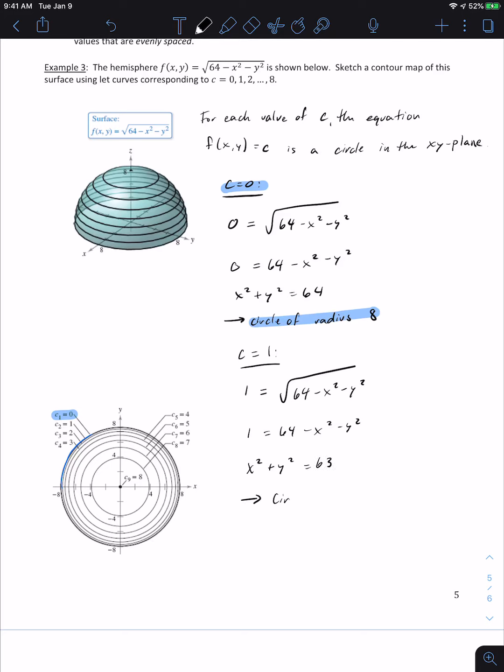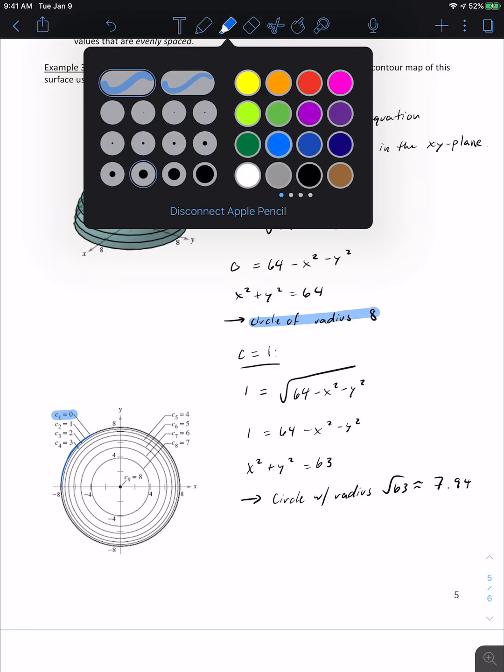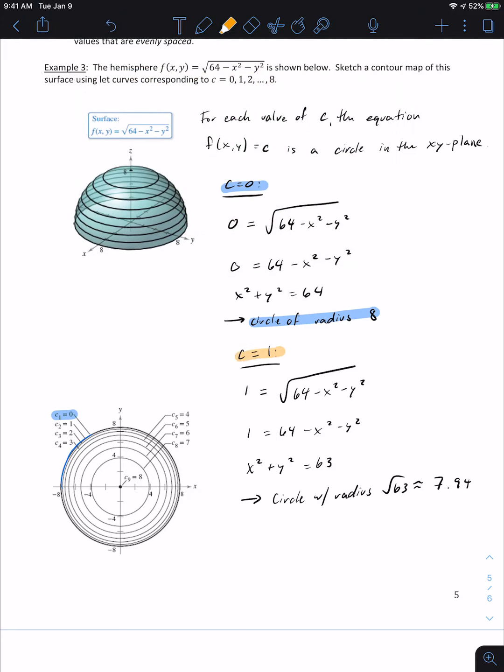This is a circle with radius radical 63, which if I plug into my calculator gives me 7.94, which is really close to 8. And that was what we were expecting, because we knew that it was increasing really close to the edge here. Our slope, or going up, was very rapid. It's very steep right there.